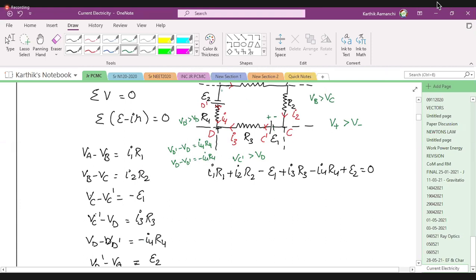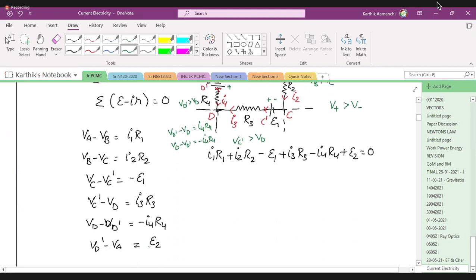Here to here you see, this is the positive of the battery, this is the negative of the battery. You are going from higher potential to lower potential, a drop. So VD dash is higher than VA. So VD dash minus VA is epsilon 2, positive. Understood?